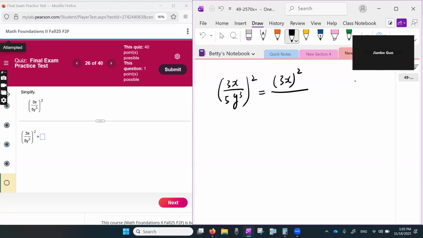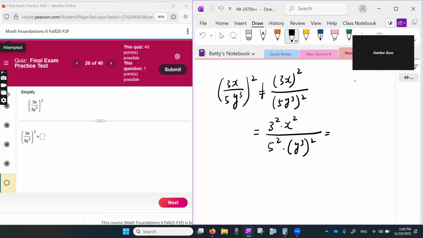So numerator to the power 2, denominator to the power 2. And the numerator, only look at the numerator right now, is the power of a product. So we're going to have first factor to the power 2, second factor to the power 2. Same with the denominator, 5 to the power 2, y cubed to the power 2.